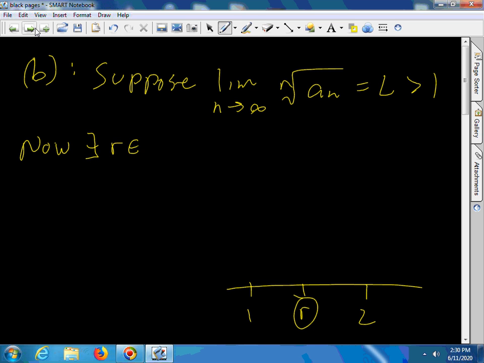Now there exists an R in the real numbers such that 1 is less than R, which is less than L. Now I want to pick the subscript n large enough so that the nth root of a sub n, if n is bigger than some special number, is bigger than R.